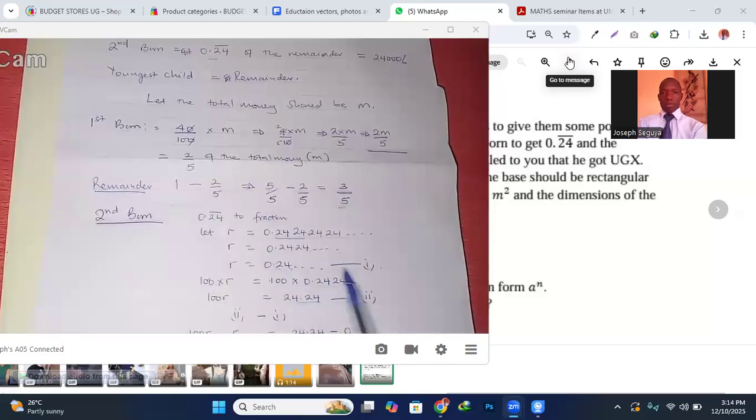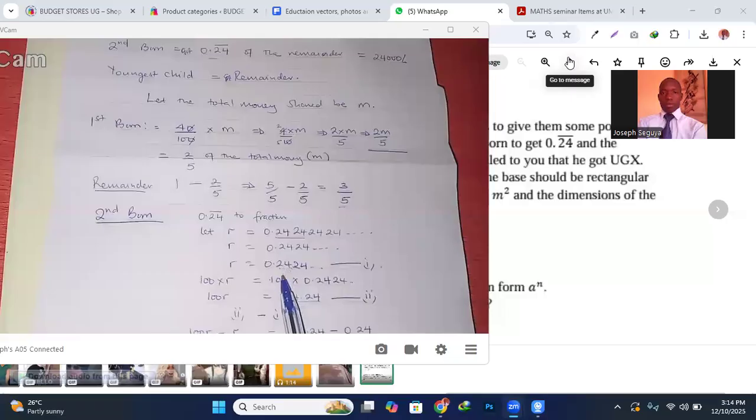So we said let our first equation be R equals 0.24 recurring. But we also know that there is also a 24 repeating. Since the repeating part, 24, has 2 decimal places, we multiply by 100. If it were 1 decimal place repeating, you would multiply by 10.